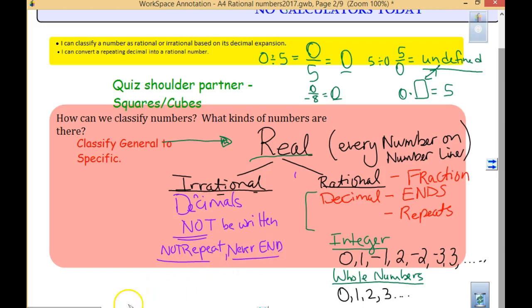Never repeat, never end. Okay? Decimals that do not repeat, never end. An example might be square root of 2. Yesterday we did that.